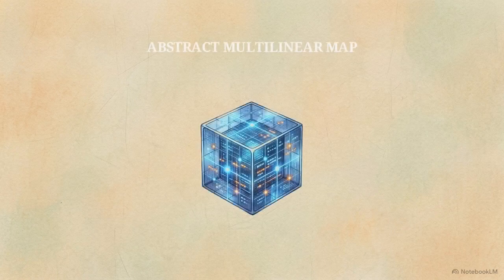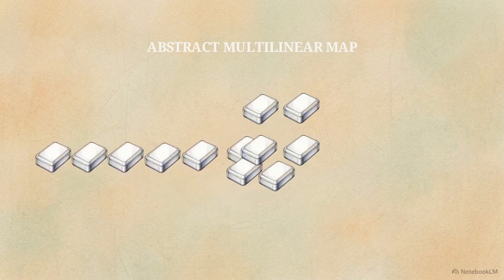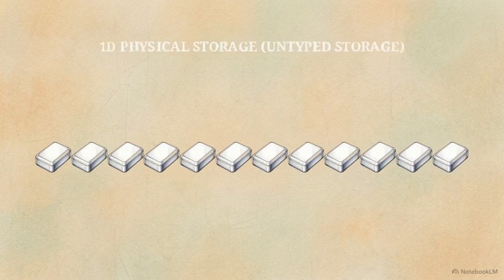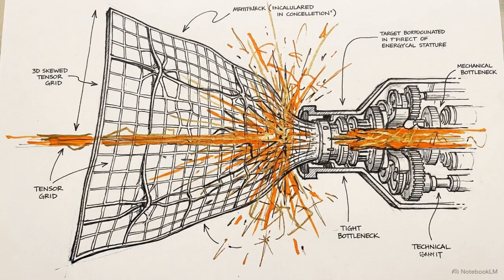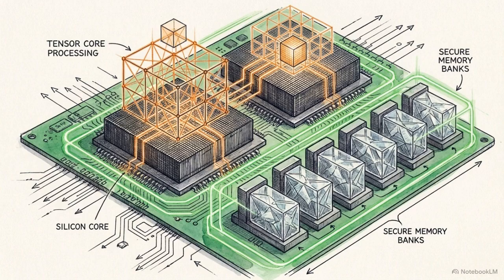The life cycle of a tensor is an exercise in translation, mapping an abstract multilinear map into a rigid, one-dimensional array of physical memory blocks. It requires navigating a complex contraction path, balancing theoretical efficiency against the physical reality of skewed, memory-bound bottlenecks. Finally, the tensor executes inside systolic arrays and tensor cores, carefully preserving its historical state to satisfy the requirements of the autograd backward pass.